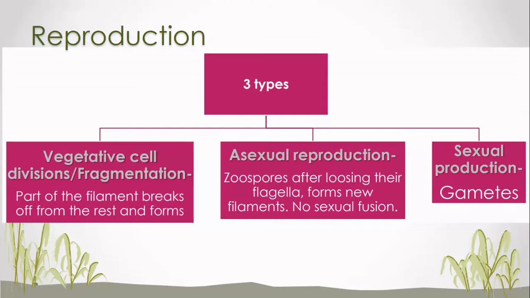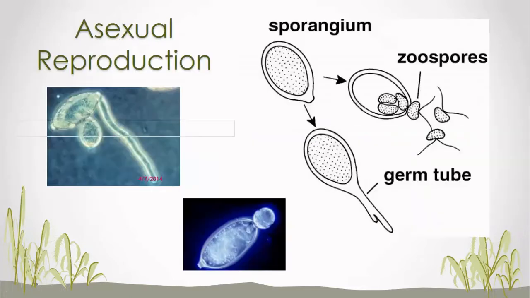So no sexual fusion. And also, yung pinaka is the sexual reproduction using the gametes. We have the female and the male gametes. So these are the 3 ways where the protist is able to reproduce. So in asexual reproduction, it could either be fission or budding.